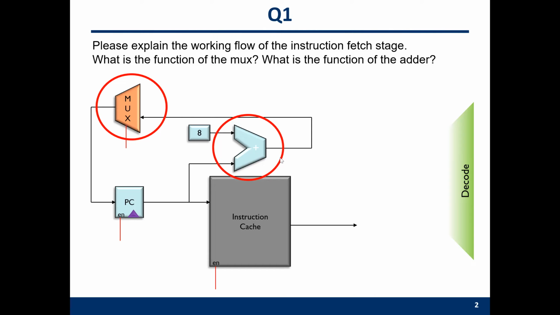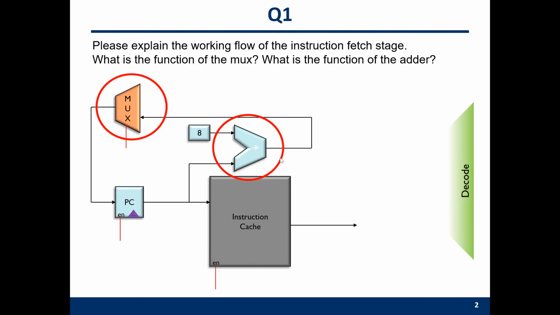After the read operation, we need to update the PC so that it can point to the next instruction. So I explain the function of the adder: add 8 so that the PC can point to the next instruction.